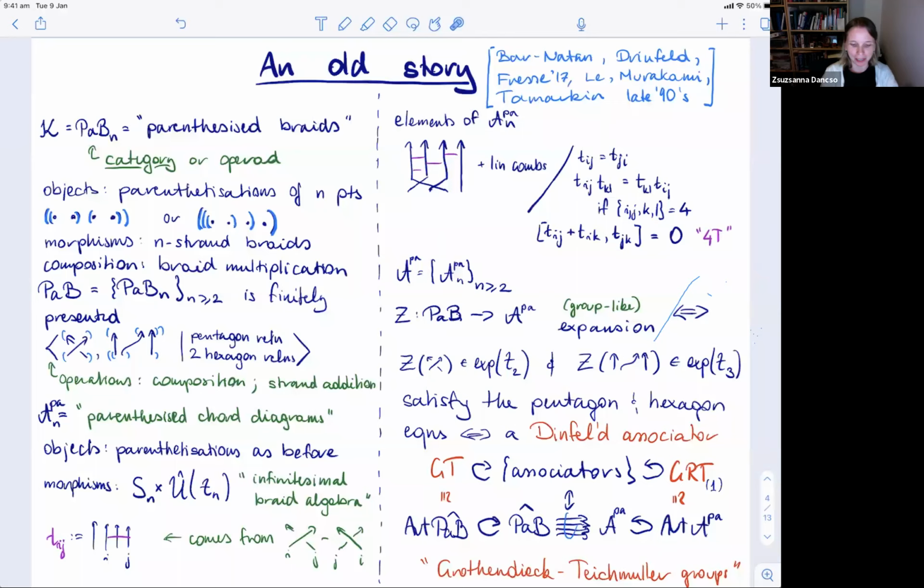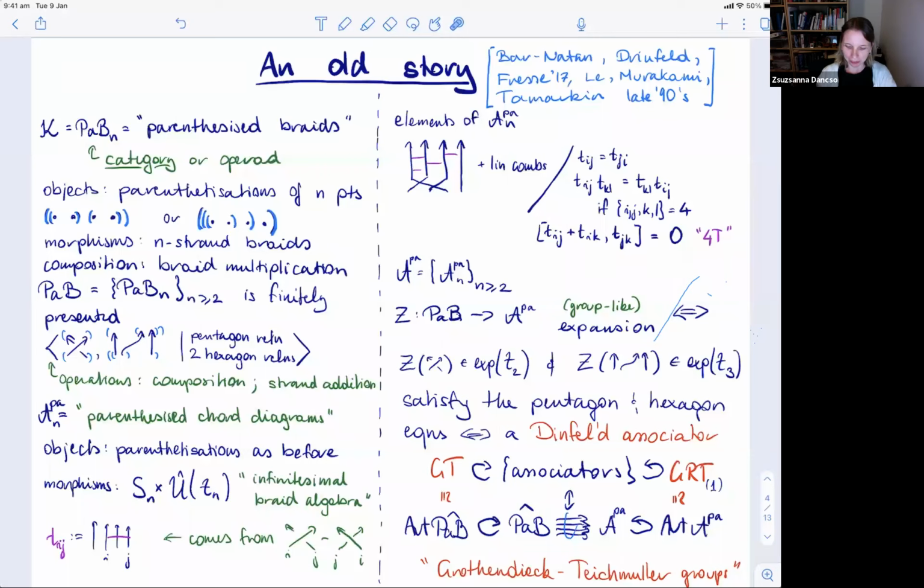And these satisfy the equations coming from the pentagon and hexagon relations, which simply translate to the pentagon and hexagon equations which define Drinfel'd associators. So if you're familiar with Drinfel'd associators, then you know that they live in the exponential of t_3. So basically, Z of the associator braid is a Drinfel'd associator.